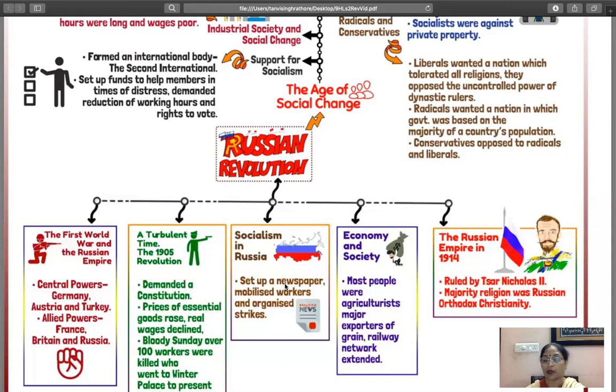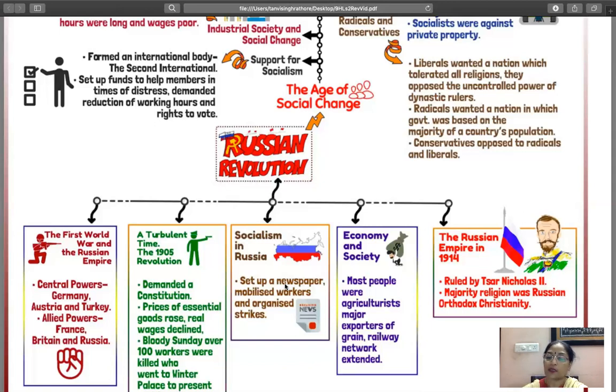Within them also, there was a difference between the social democrats, who supported the workers. They believed that the workers were the ones who should lead the Russian Revolution and fight for socialism, and that the Tsar should give way and people should start ruling.